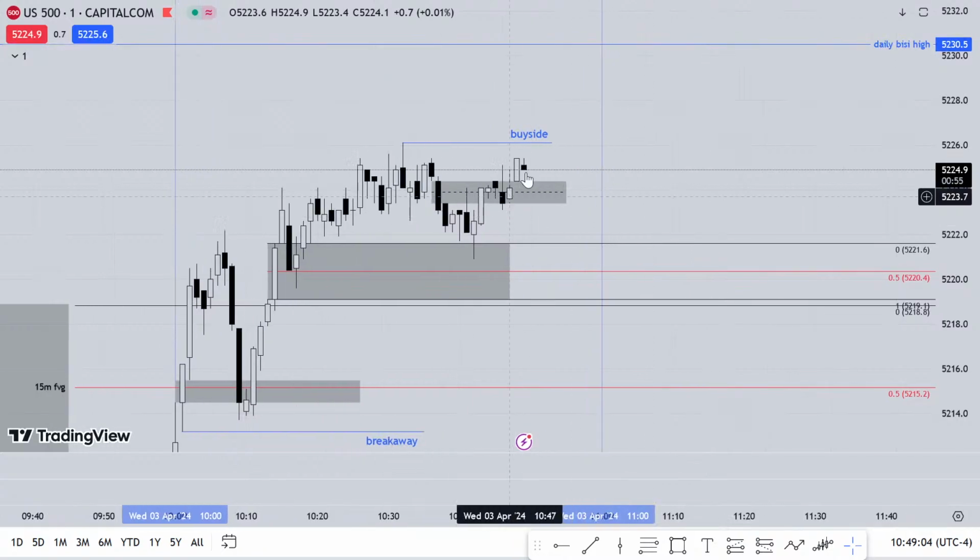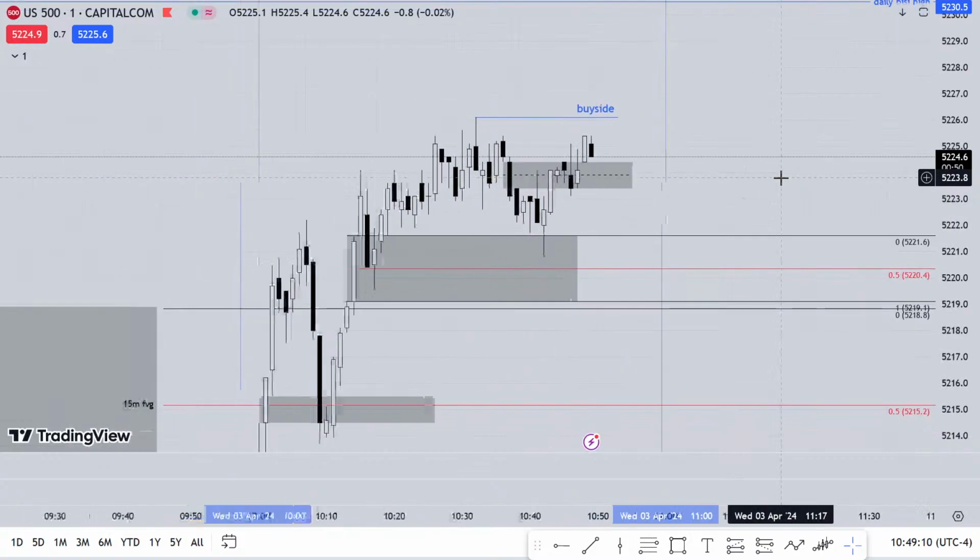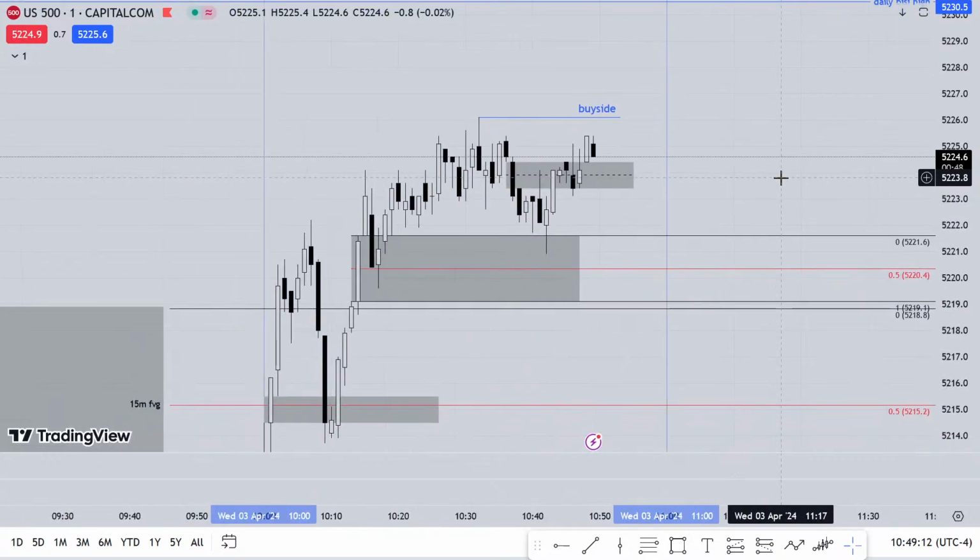We took too much time inside of this fair value gap, which is normal for today's price action.